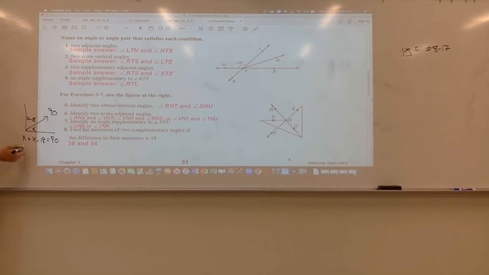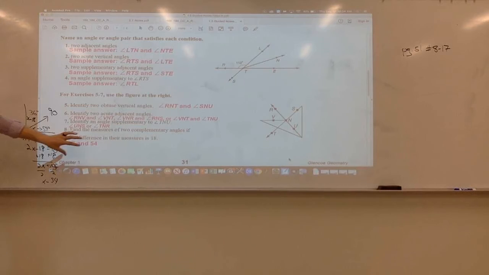All right, so then I can solve this equation, add the 18 over, 2x equals 108, divide by 2, get x equals 54. So then this angle would be 54 degrees, and x minus 18, so if I do 54 minus 18, I would get 36 degrees.